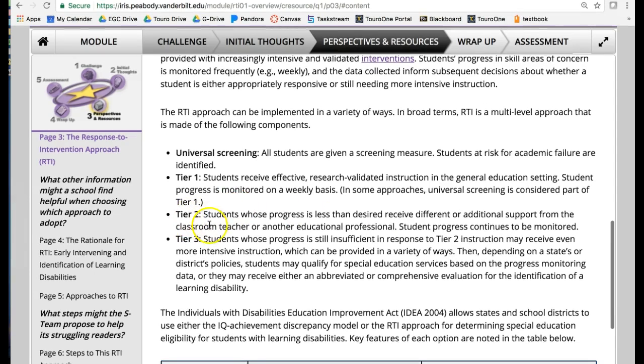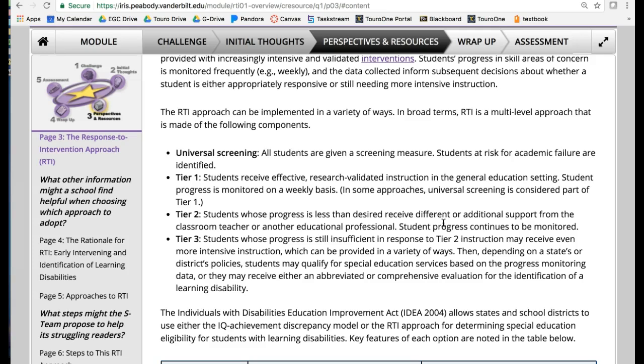Then you're going to move into Tier 2. If the student isn't successful, because you've been monitoring them on a weekly basis and you realize, you know what, they're not actually improving at the same rate as the other students, then you are going to try some different interventions, some additional supports. This is about 10%, sometimes 15% of the students you might have to do this.